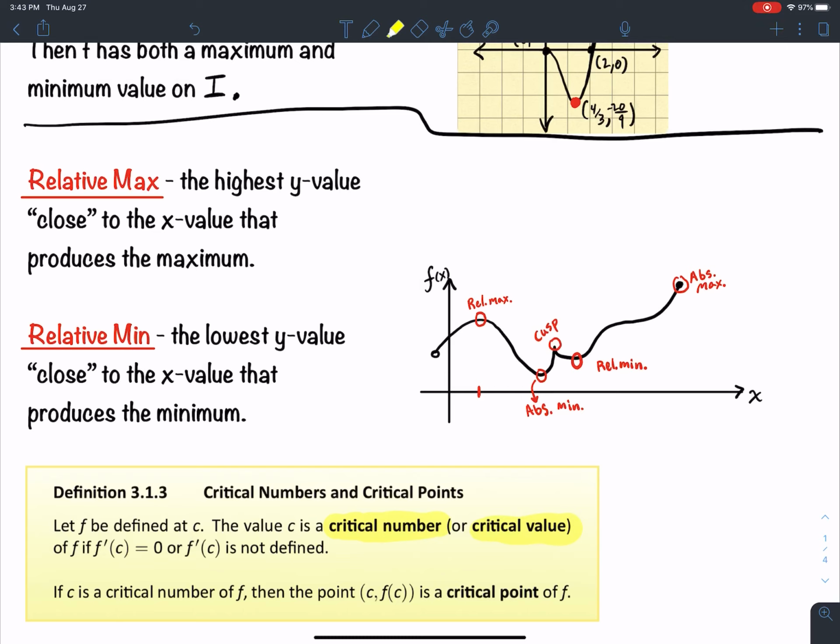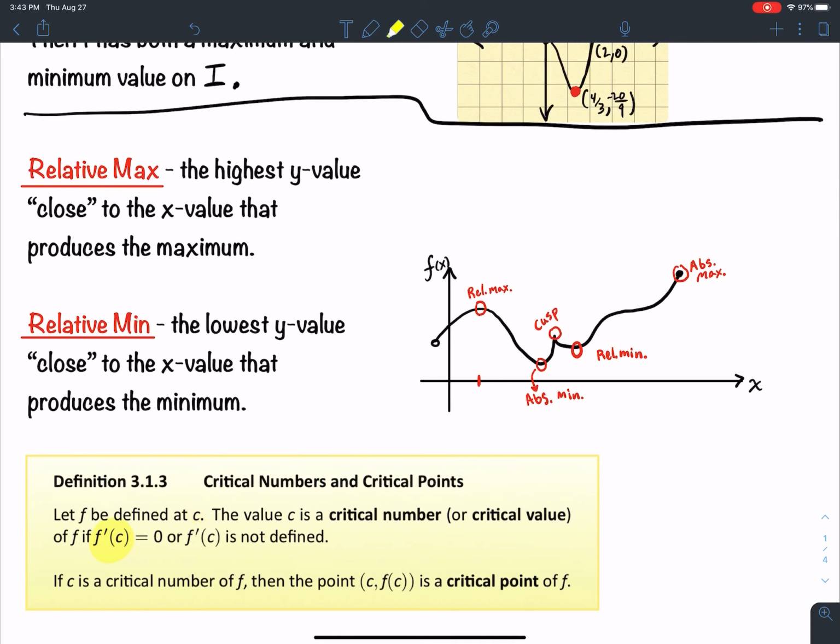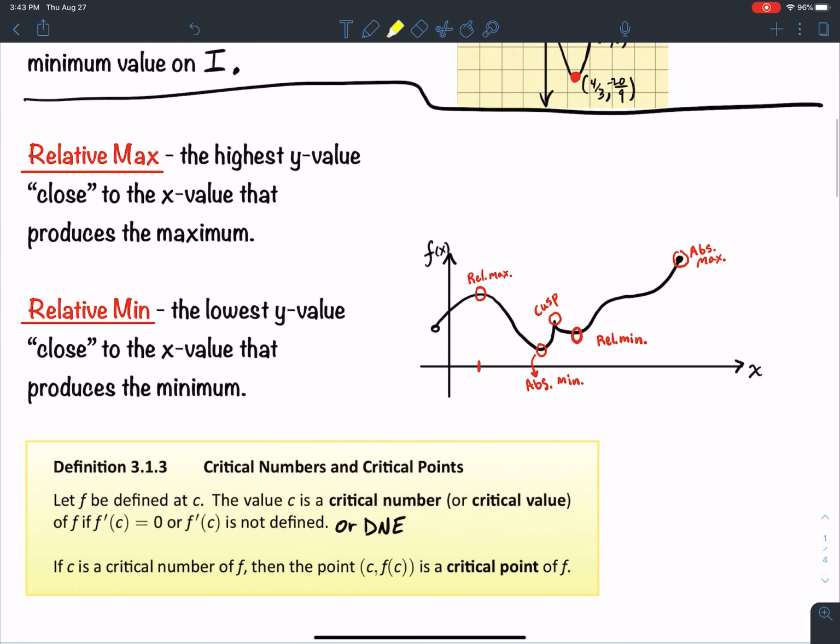Of f if the derivative evaluated at the point c equals 0, or the derivative is not defined. I also say DNE, which is a shorter way of saying undefined or does not exist at that point.